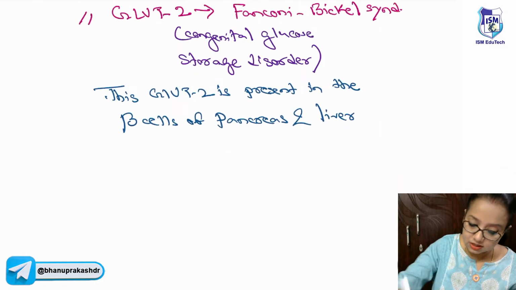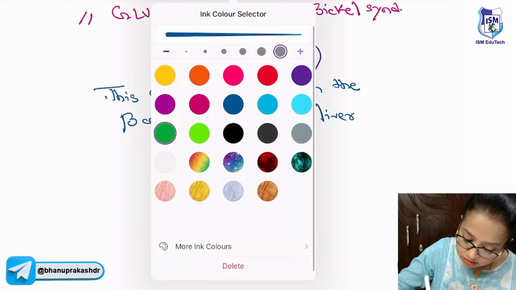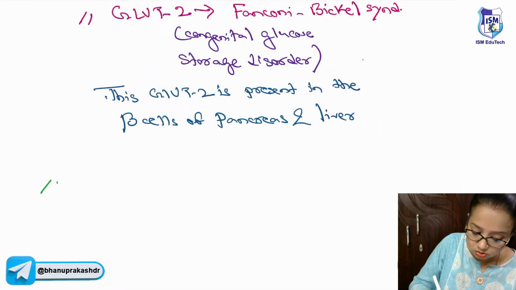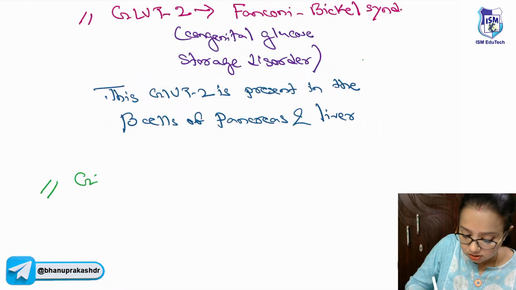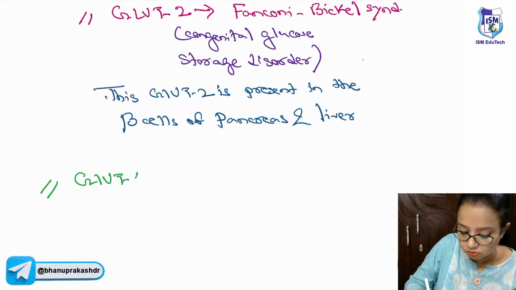Another very important isomer of this GLUT transporter is GLUT4.